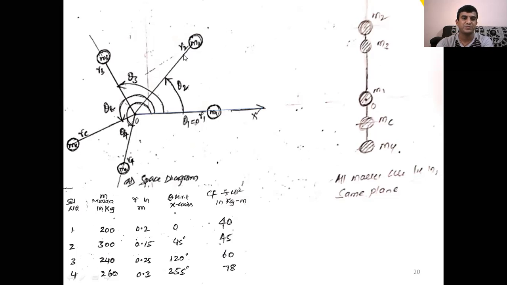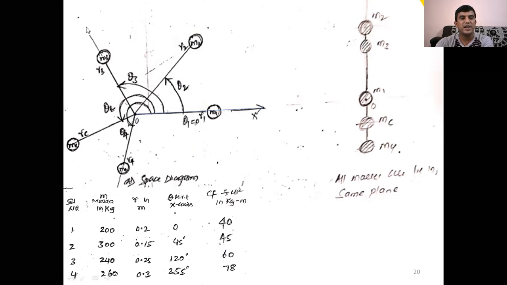M2, r2. Now after that, with respect to the x-axis again, where is the third mass located? 120 degree. From here through the protractor, measure theta 3, how much? 120 degree. Draw a 120 degree line. Or with respect to the second mass, how much is it? 75 degree. That is also possible. Better you measure with respect to the horizontal line.